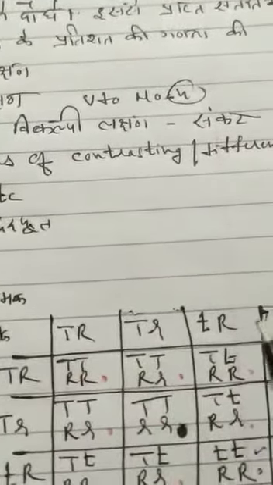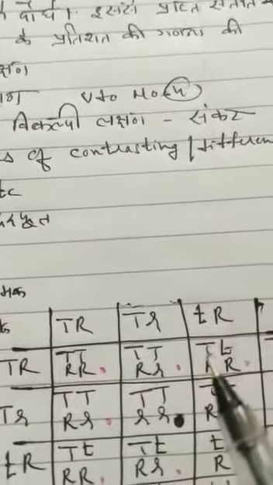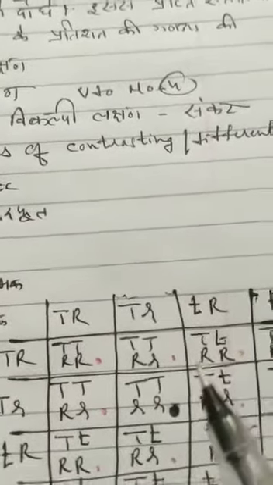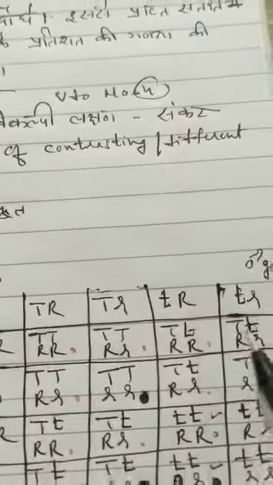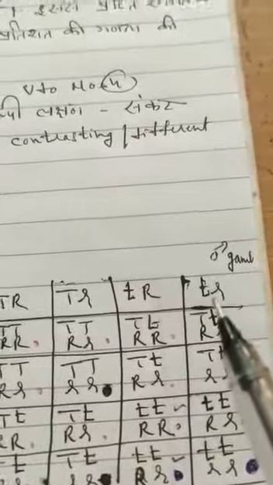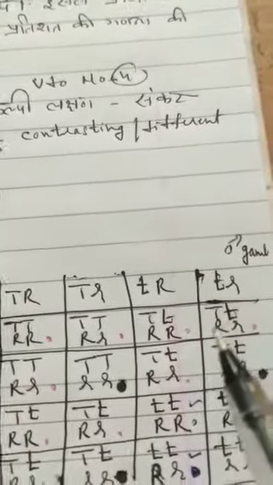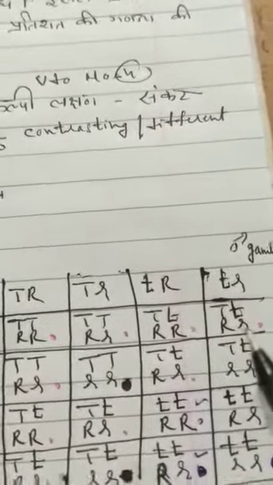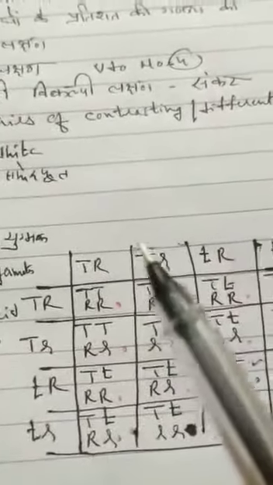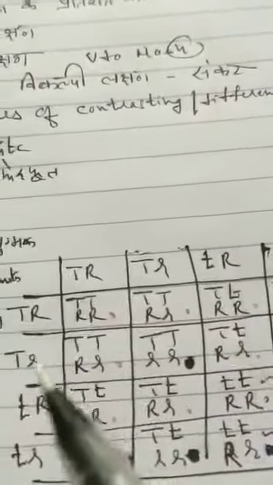This TR will join with small t capital R. So we will write here first capital T, then small t, then capital R and capital R. This capital T, capital R will join with small t and small r, and as a result, Tt Rr is formed. In this way you have to fill the complete checkerboard.